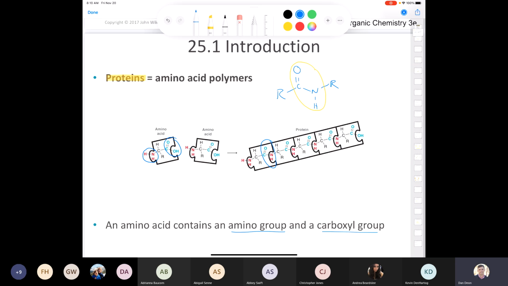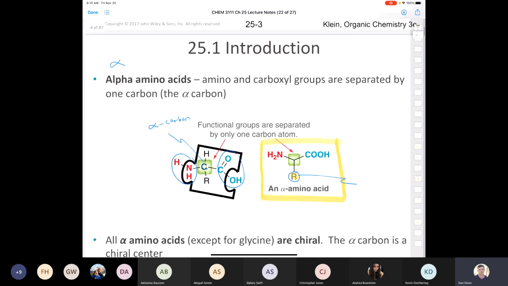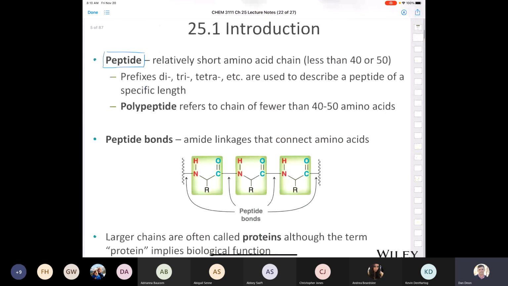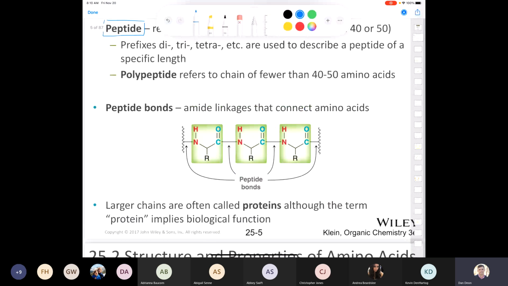So you can see that where I have the blue circle, we have an amide bond or a peptide bond. We have another one here, another one here, and another one here. And so every amino acid that is bonded to another amino acid is held together by a peptide bond or an amide bond. So the peptide bonds, again, are the amide linkages that connect amino acids, specifically this bond and this bond.